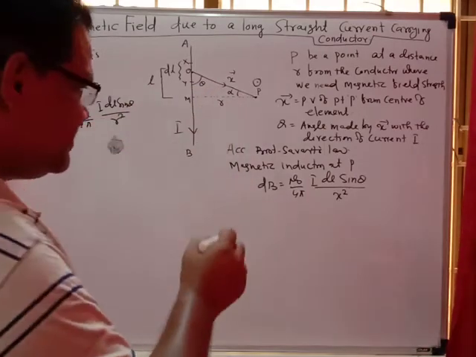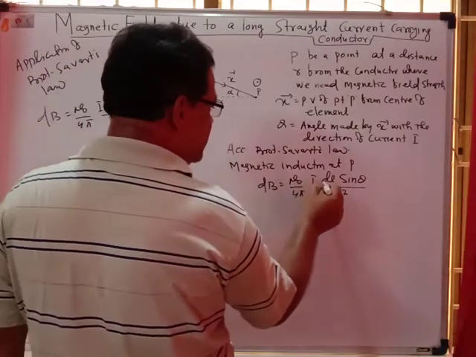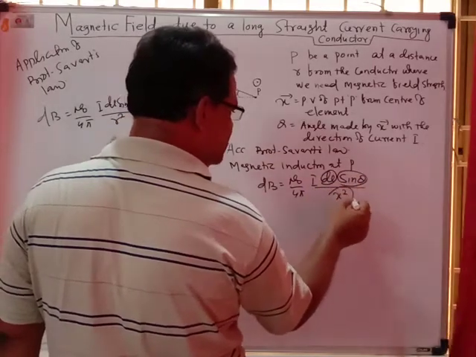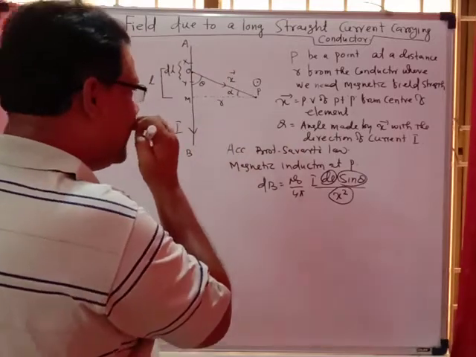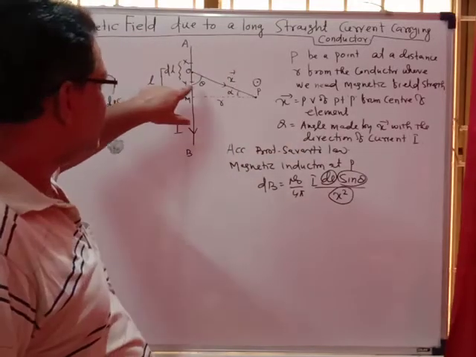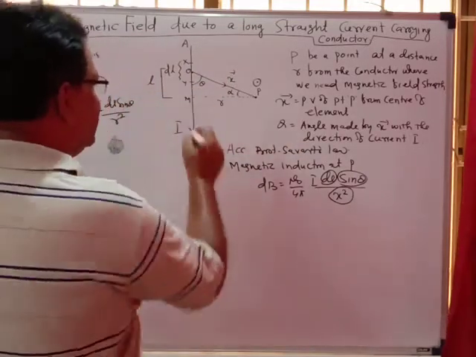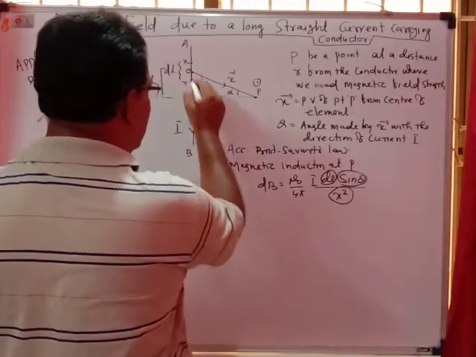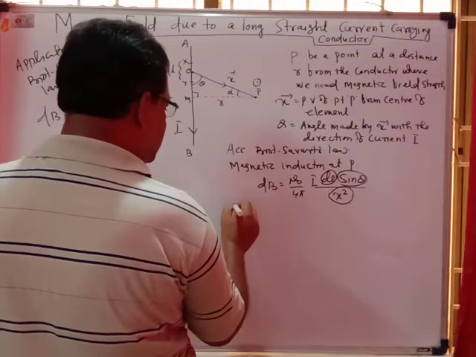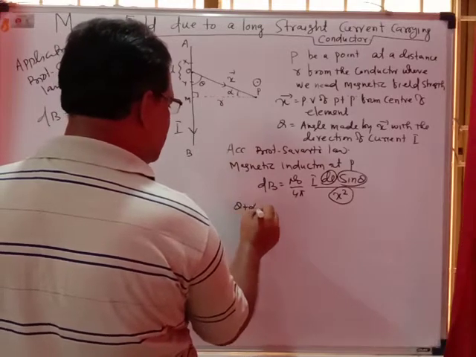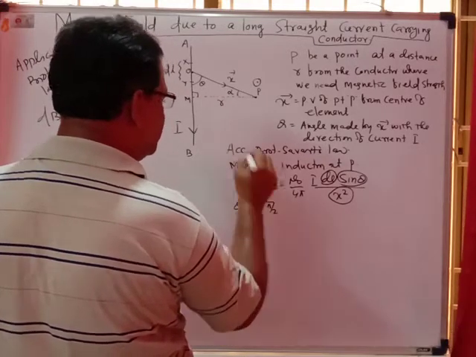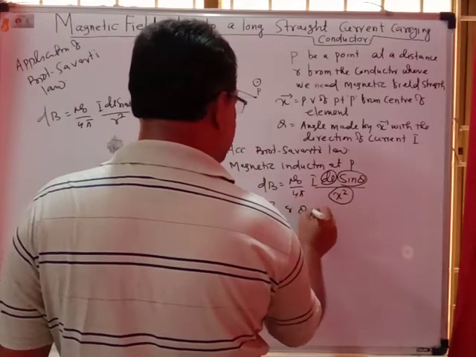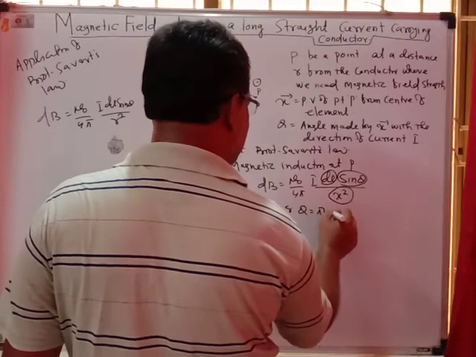From this formula we have to find dl, sin theta, and x square. These three things you have to collect. From triangle OMP, theta plus alpha equal to pi by 2, since this is 90 degrees, or theta equal to pi by 2 minus alpha.